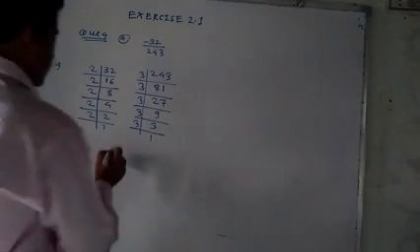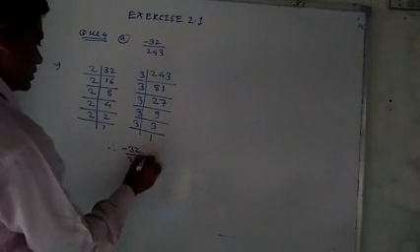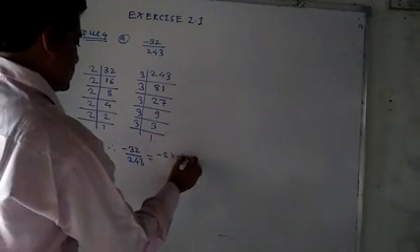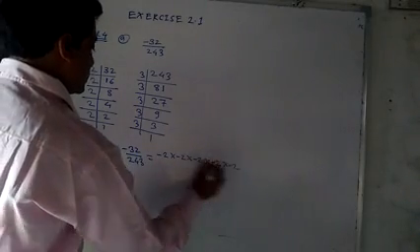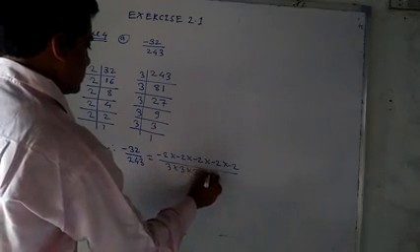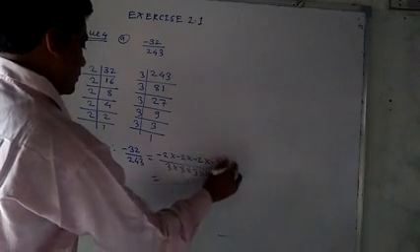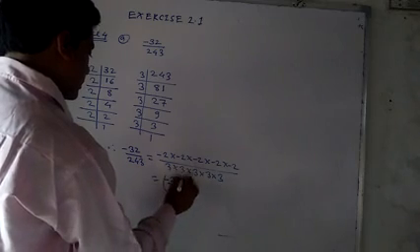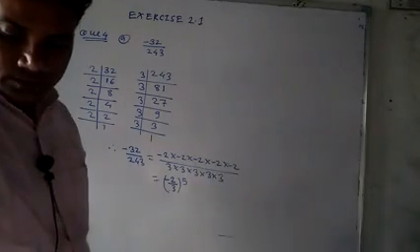Means minus 32 upon 243 is equal to minus 2 into minus 2 into minus 2 into minus 2 into minus 2 upon 3 into 3 into 3 into 3 into 3, means 1 2 3 4 5, minus 2 by 3 to the power 5.